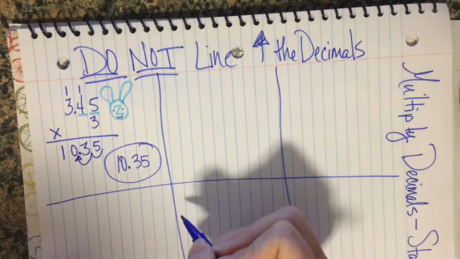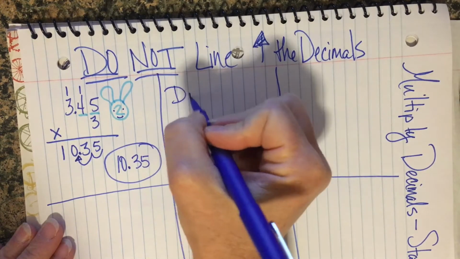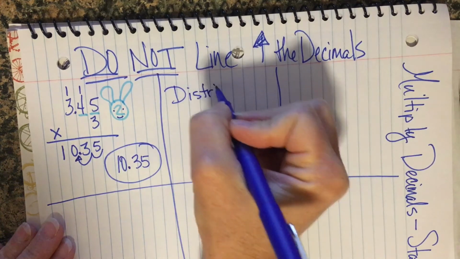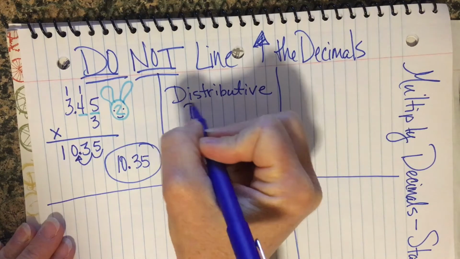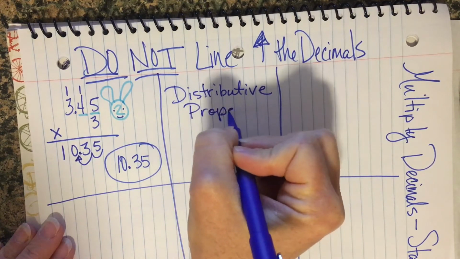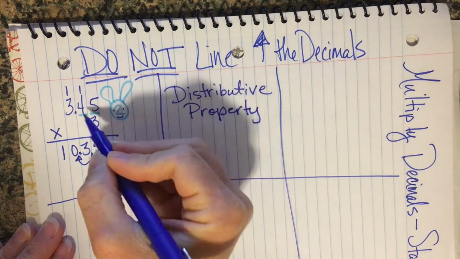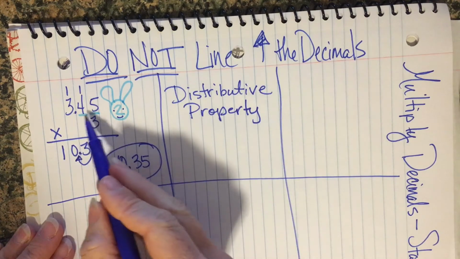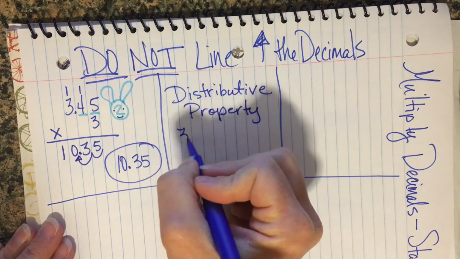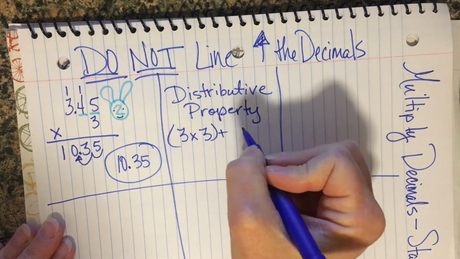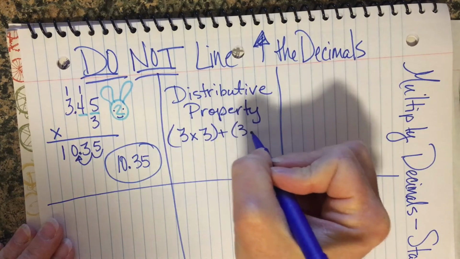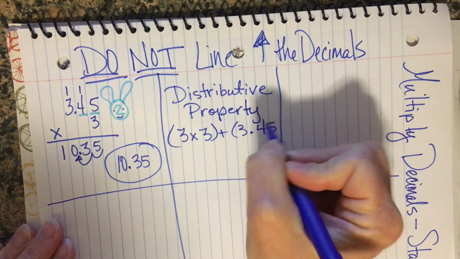35/100. You can also break this out using the distributive property, as another strategy. So for the same problem, 3 45/100, I can do 3 times 3 and then do 3 times 45/100.